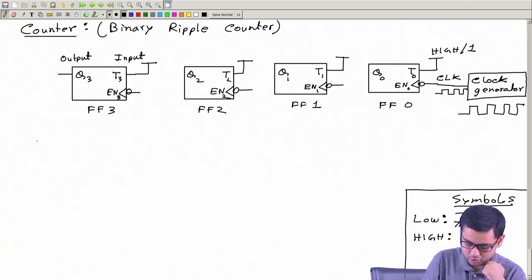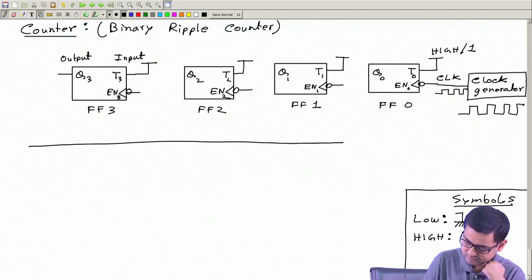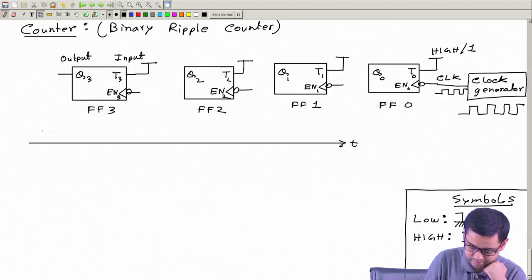Okay, so now let's draw some timing diagram. This is time versus clock CLK.